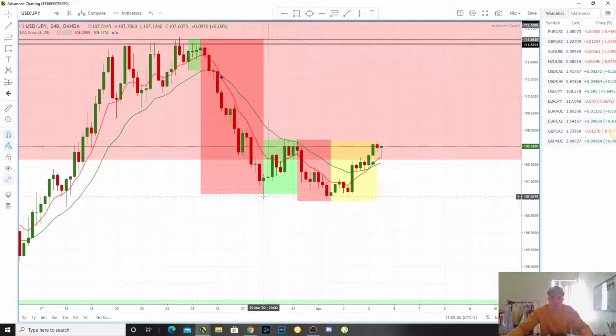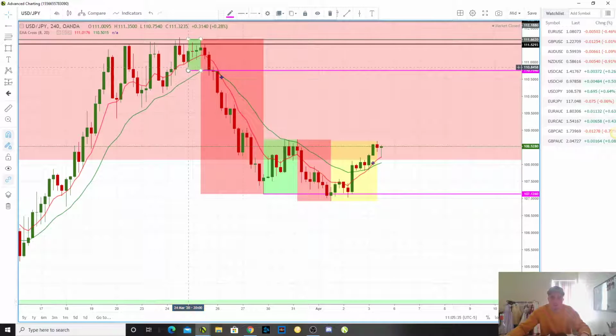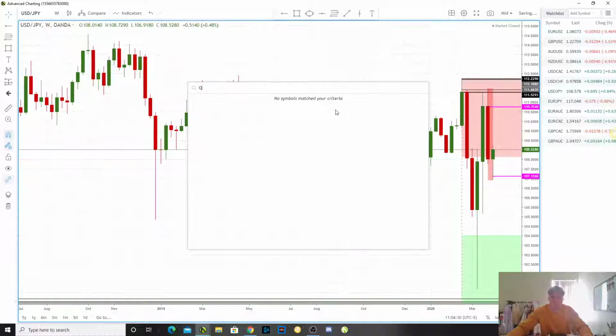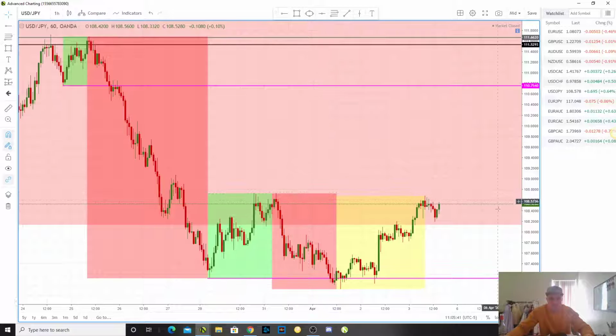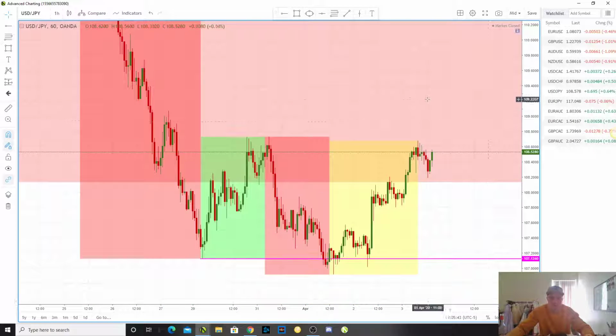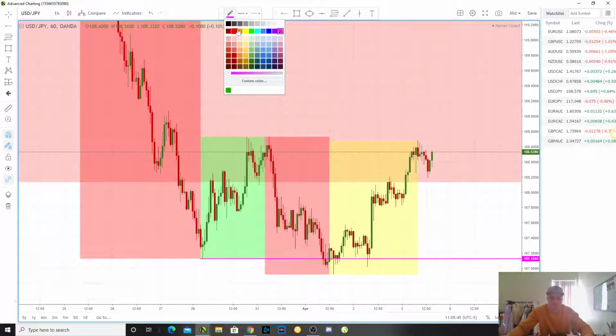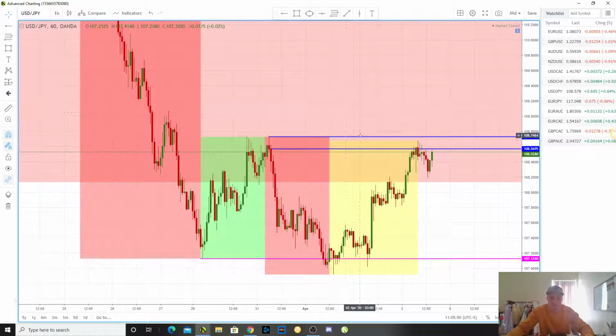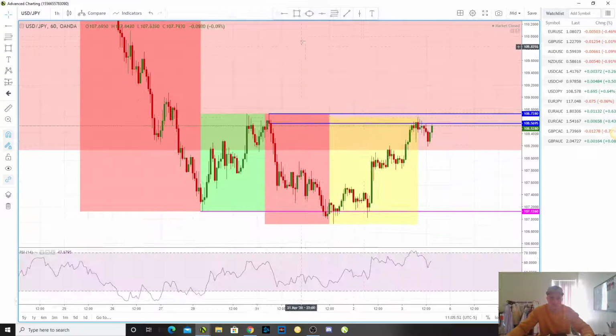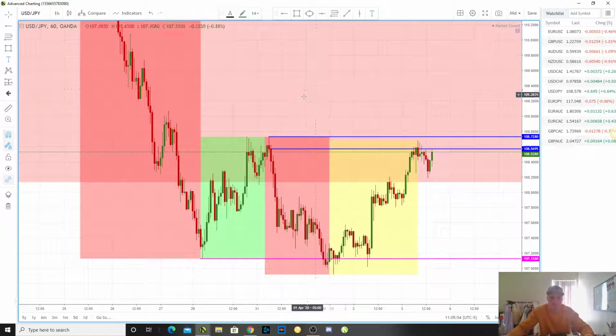Yarrow, yarrow. Breakout level, breakout area, bang bang. So this level right here is actually not bad. But I am going to wait for the markets to open and the spreads to close.